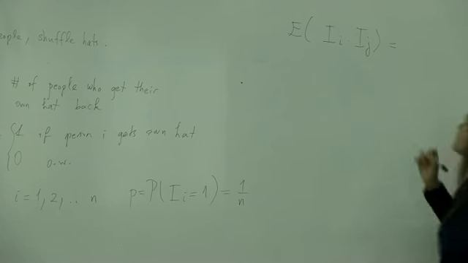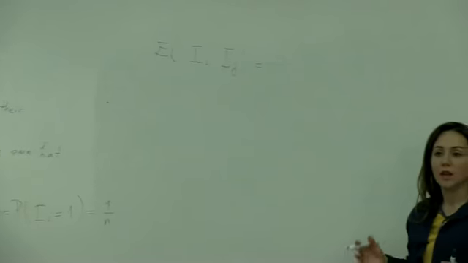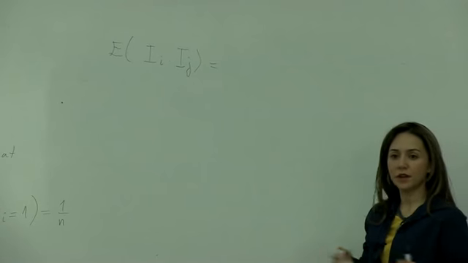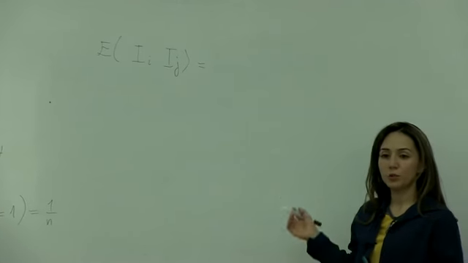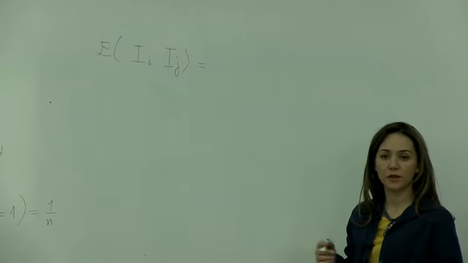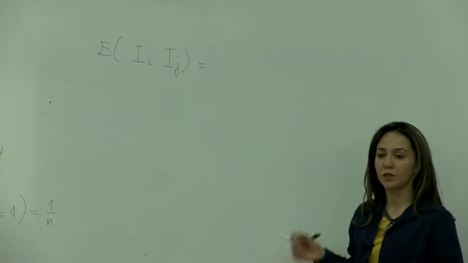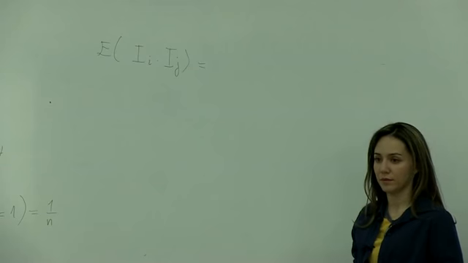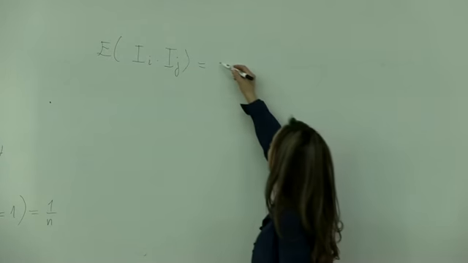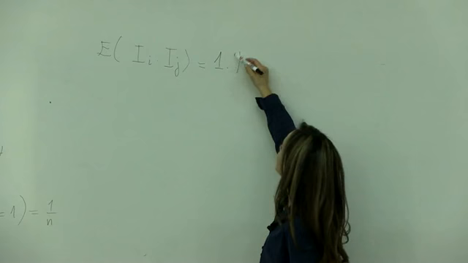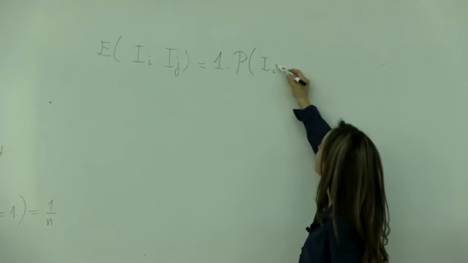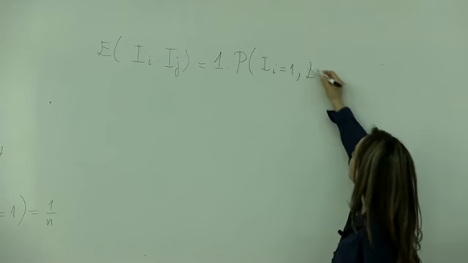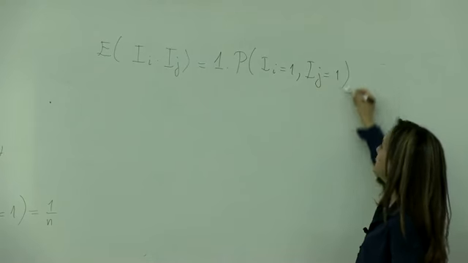How do we do this? I sub i and I sub j are either 0 or 1, so the product is 0 whenever any of them is 0. The product is only 1 if they are both 1, right? So this is 1 times the probability that I sub i and I sub j are both equal to 1.